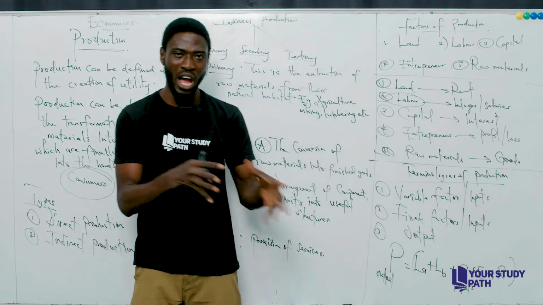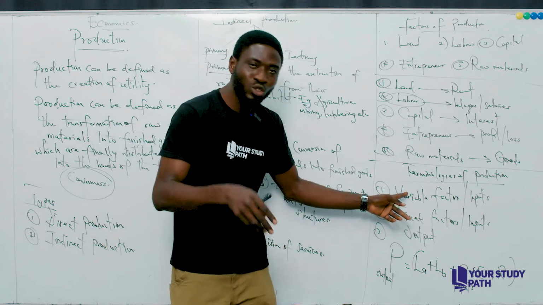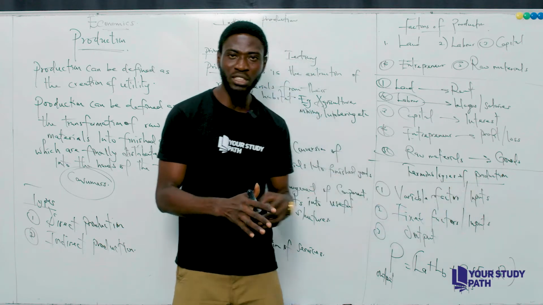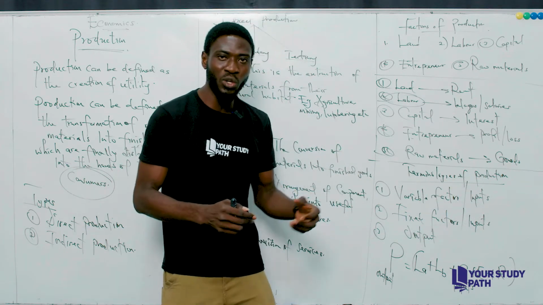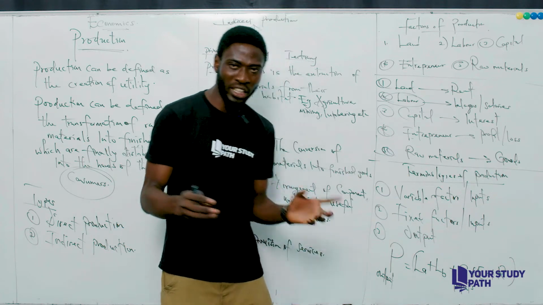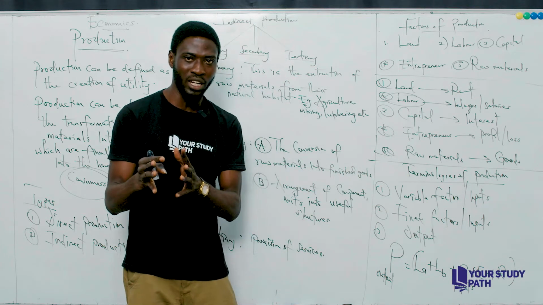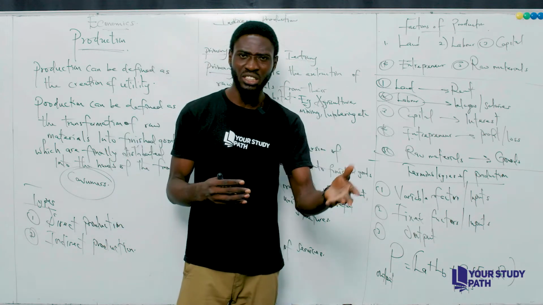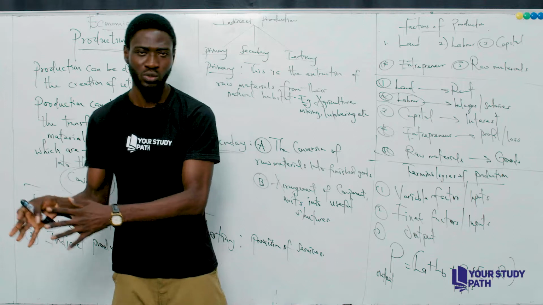So those laborers are actually what? A variable input. So it means that when they have more demand, they will require more labor. So we can see the relationship. It's a positive relationship there. So those things are variable factors, things that change with relation to output.